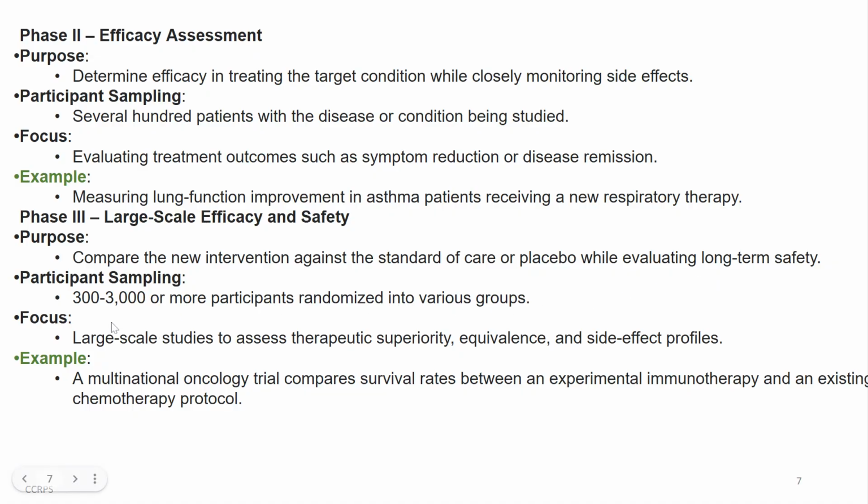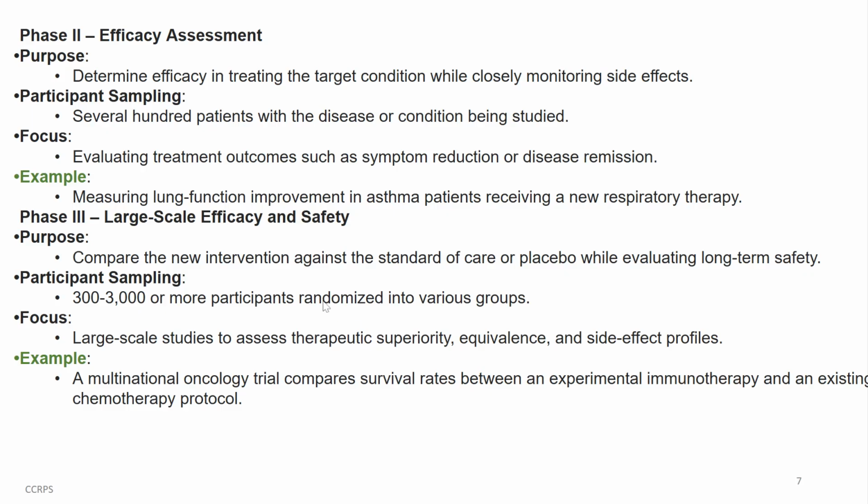Participant sampling, as we see here, is bigger compared to the previous phases, as the participants or subjects or patients will be 300 to 3,000 or even more, randomized into various groups. Here we'll use randomization, whether single blinded or single masked, or double masked or double blinded.